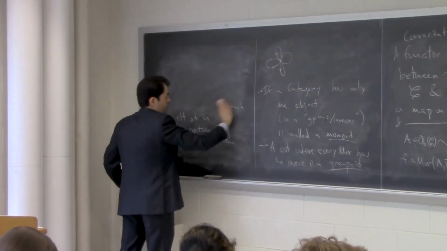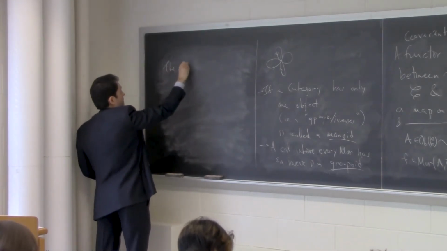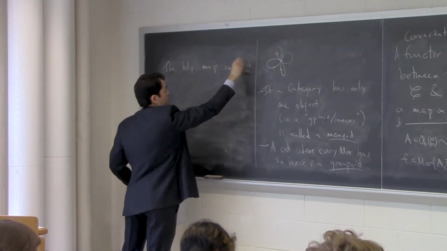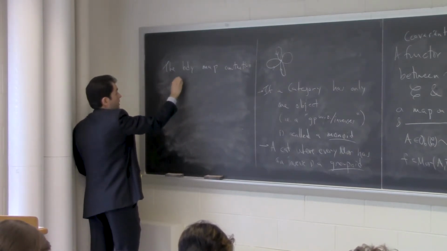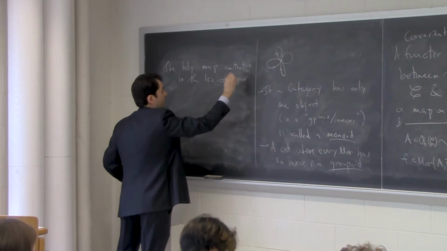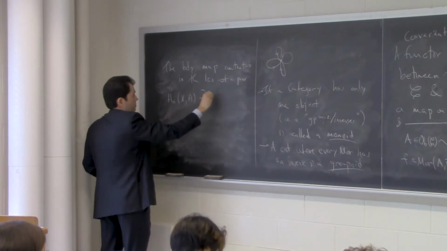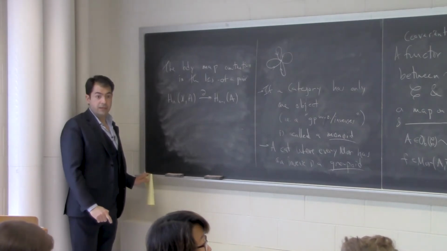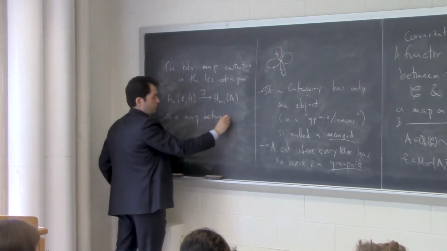And the boundary map construction in the long exact sequence of a pair, so H_n(X, A) with the boundary going to H_{n-1}(A), this is a map between these two functors.